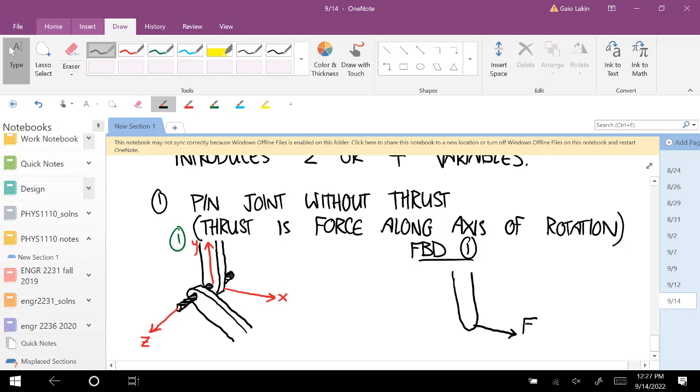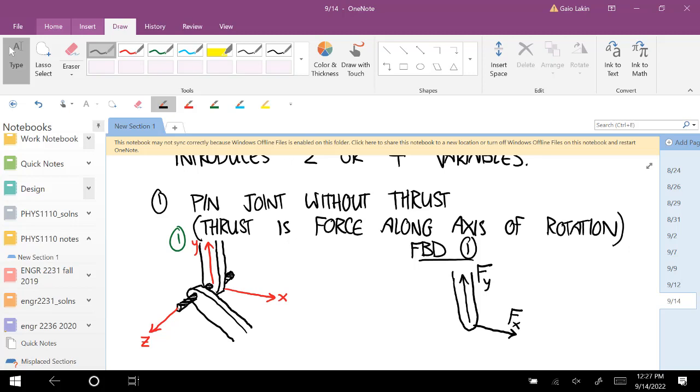So I'll call that Fx. And there's a force vector applied along the y-axis, because again, that body can't translate up and down through that pin. There's no z component because that body is free to slide along the pin.